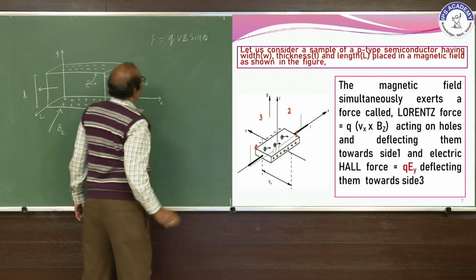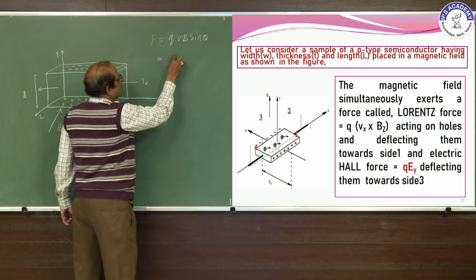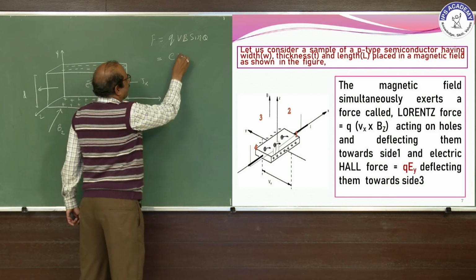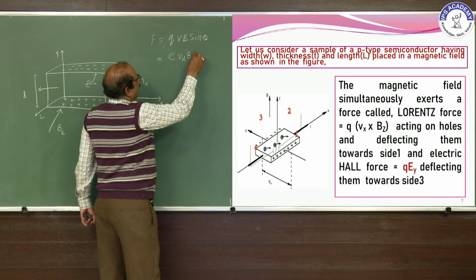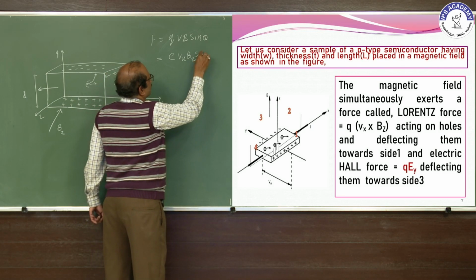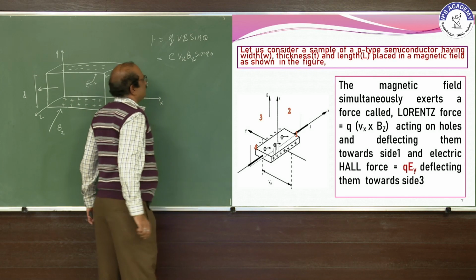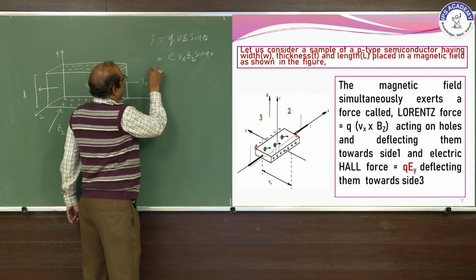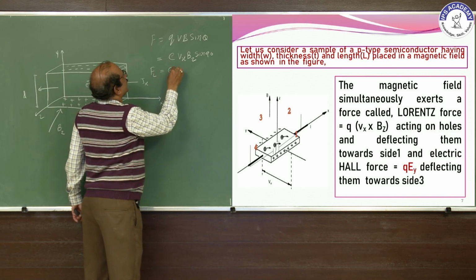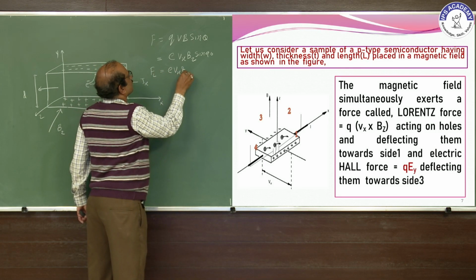In our case, the electron is flowing along the x-axis with velocity Vx, charge on the electron is e, B is applied along the z direction, and theta is 90 degrees. So sin 90 is 1. So Lorentz force FL would be eVx Bz.